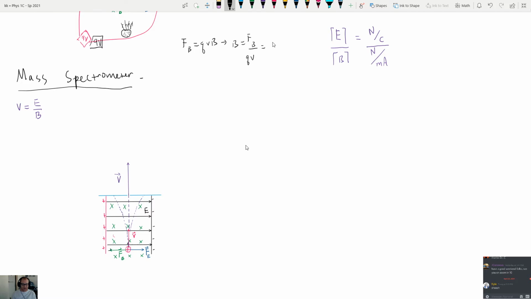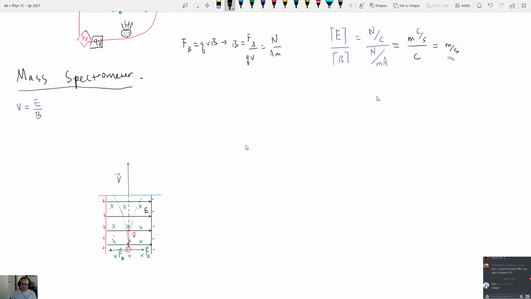Okay, what's F? That's newtons. What's QV? Well, Q is coulombs and V is meters per second. So it's like coulombs per second times meters, which is amps times meters. So that's how you can remember what it is. And then you can see pretty easily here that the newtons cancel out, and you end up with meters times amps, which is coulombs per second, divided by coulombs. And so, of course, you get meters per second.